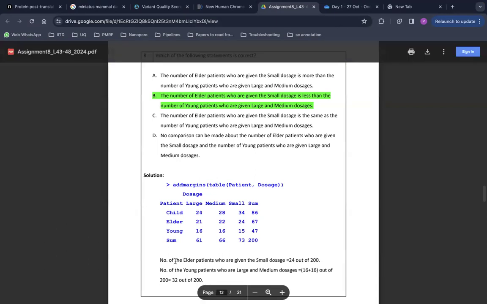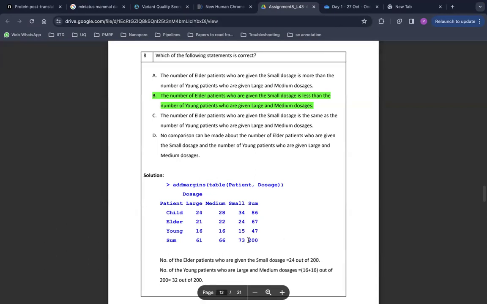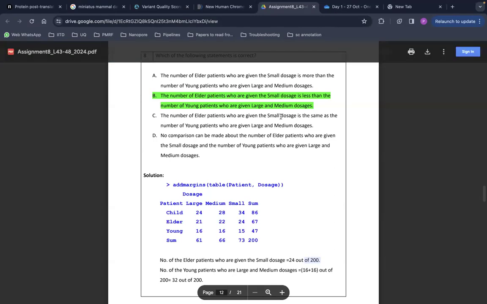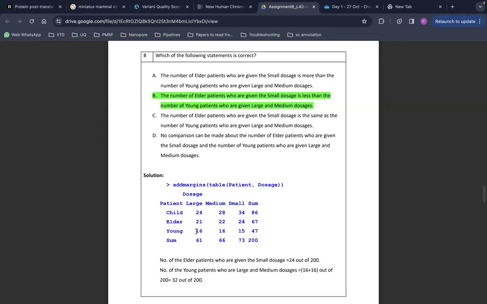Okay. So here it says, 200 is the total number of patients, right? So total there were 200 patients. And the number of elder who are given small dosage, so elder small dosage is 24, right? And young patients who are given large and medium, so 16 plus 16, so that's 32.